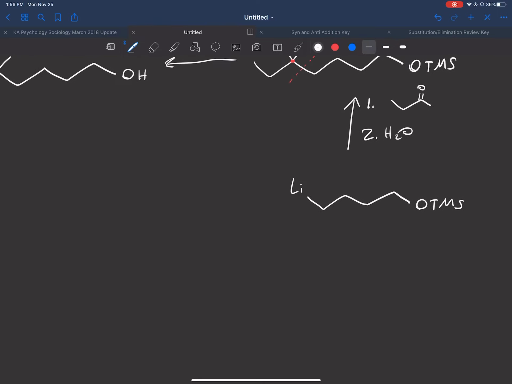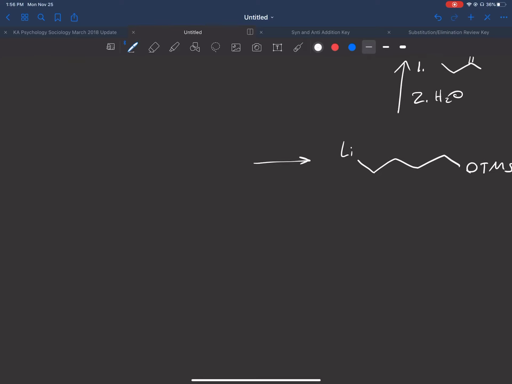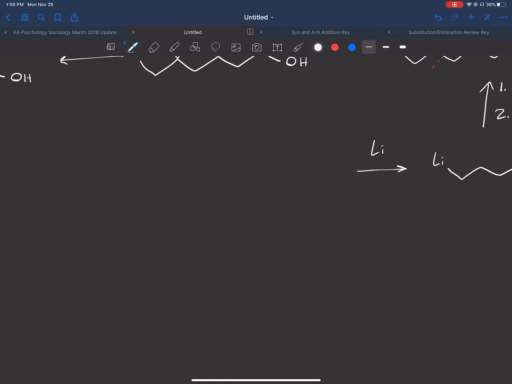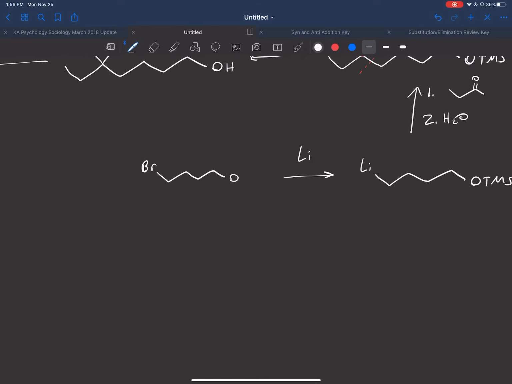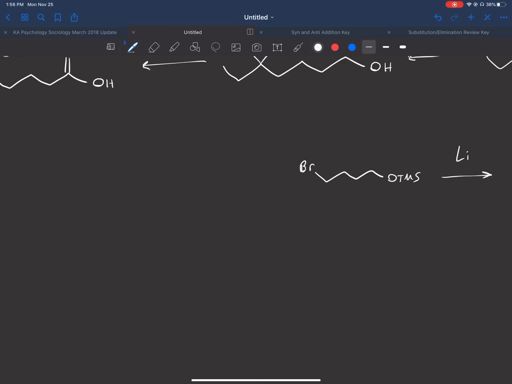Now, we have a lithium, so using your toolbox, you want to write Li to get a Br there. And so now, how many carbons do we have? 1, 2, 3, 4.